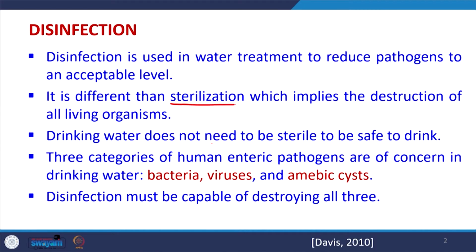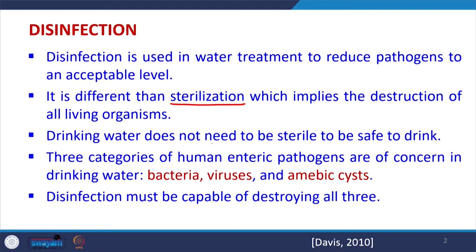So, starting, disinfection is used in water treatment to reduce pathogens to an acceptable level. So, this is very important, but there is a difference. Whenever the term disinfection comes into our mind, there is some confusion with respect to sterilization which is used in the biochemical engineering and other places.